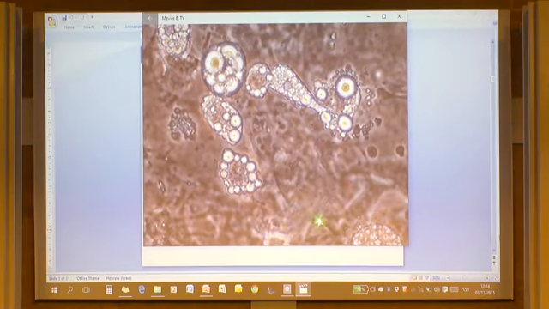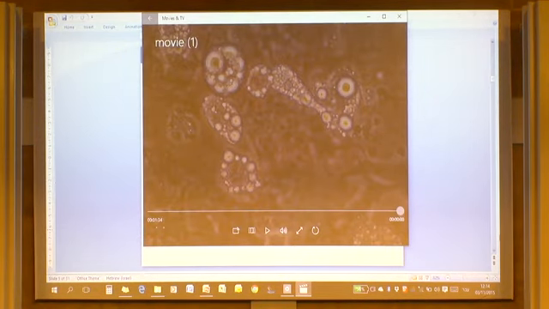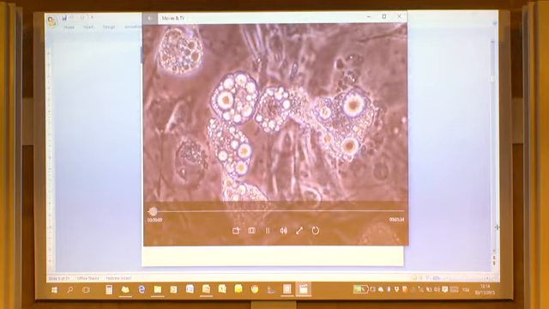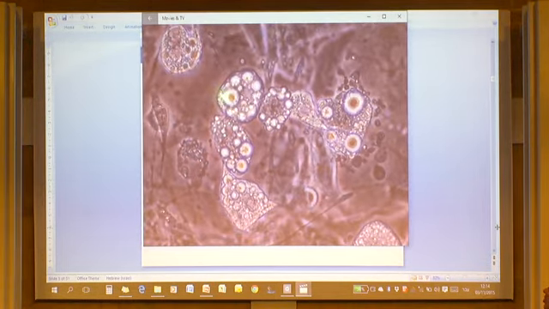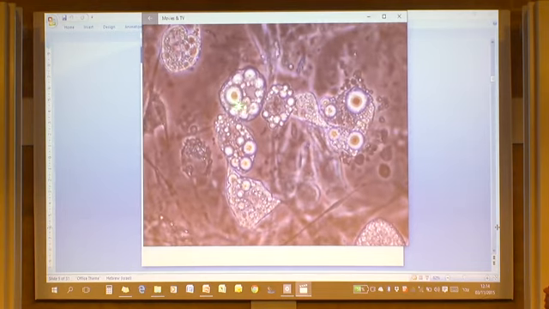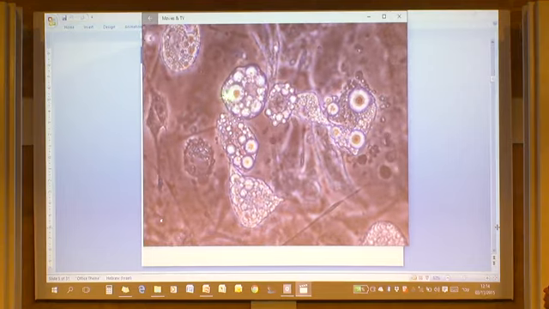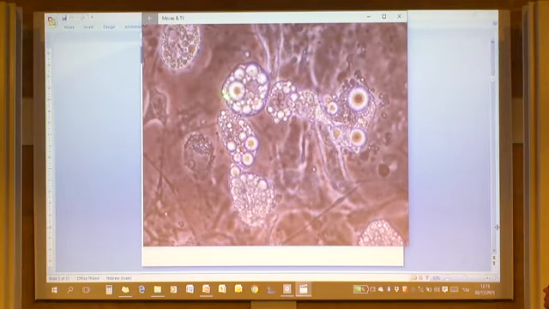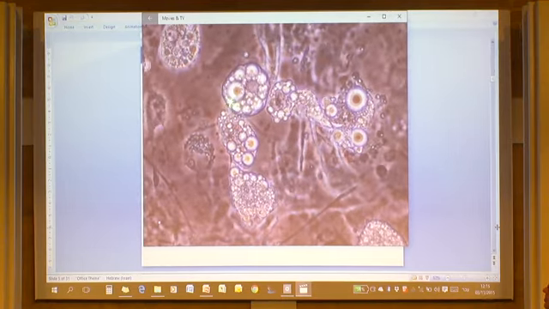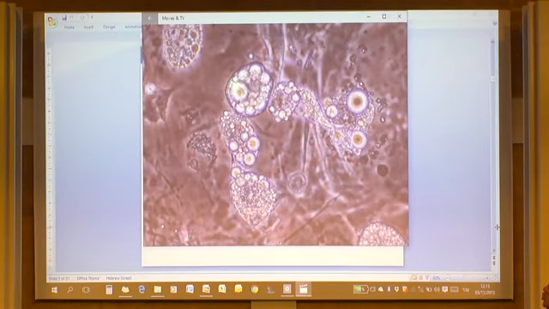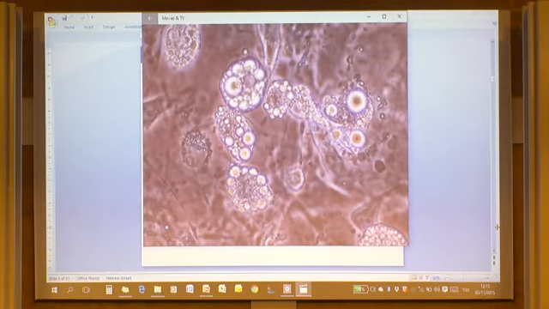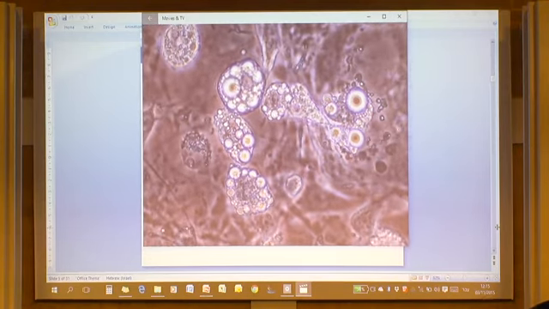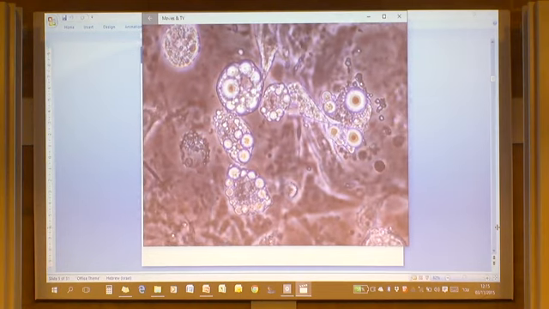You can also see the process of merging of small droplets into bigger ones. If you look at these small droplets that are forming here, you can see that they're kind of being swallowed by the big one, right? And that's basically the dynamics of the process.